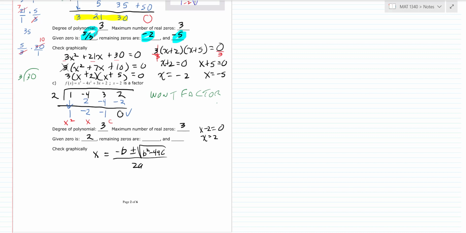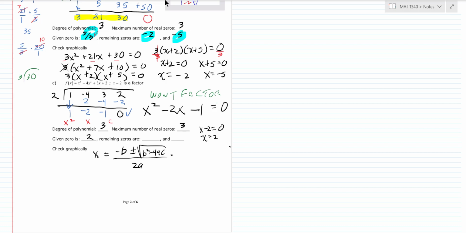Our equation again is x squared minus 2x minus 1. That's the equation we're trying to solve. So a is 1, b is -2, and c is -1. When I plug this in, it'll go like this. We'll have -b plus or minus square root of b squared. B is -2.